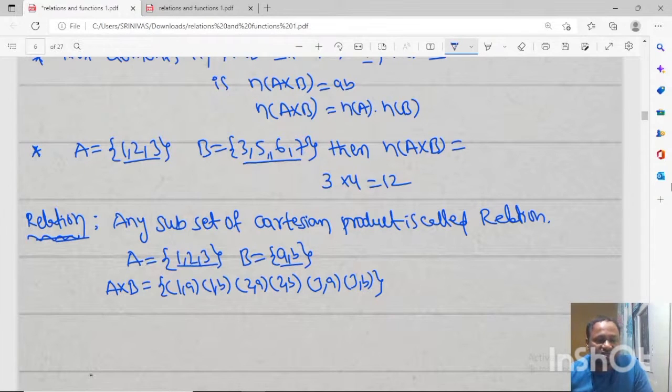Now what I said, relation means any subset of this Cartesian product. Subset, we know subset.